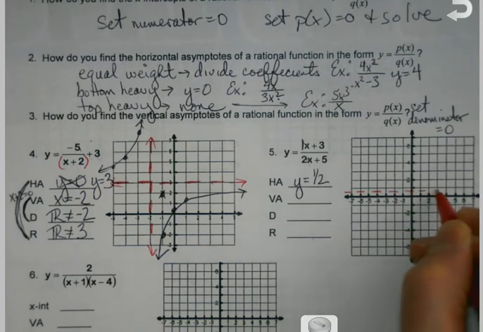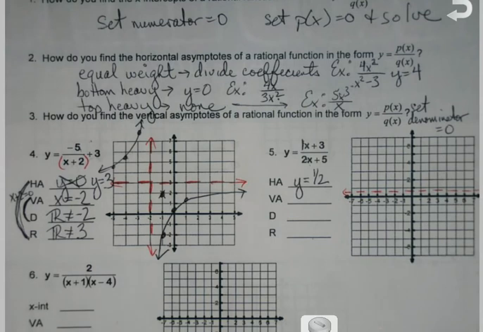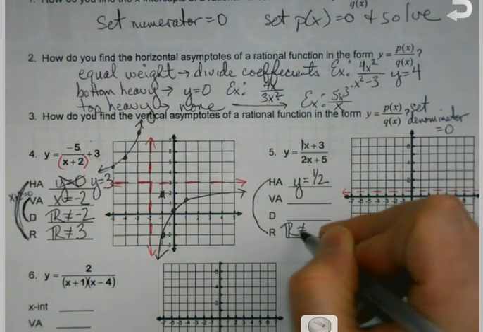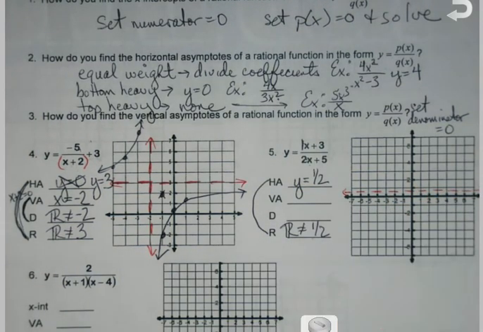Now, if I'd have had like 2x squared in the denominator, then we'd have been bottom heavy and we'd have had 0. I'd have agreed with you. And that's going to go hand in hand with my range. So all the values except that 1/2.